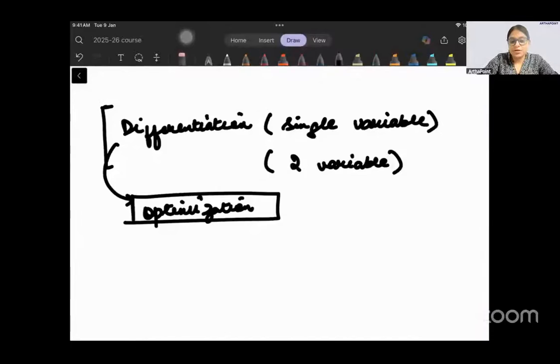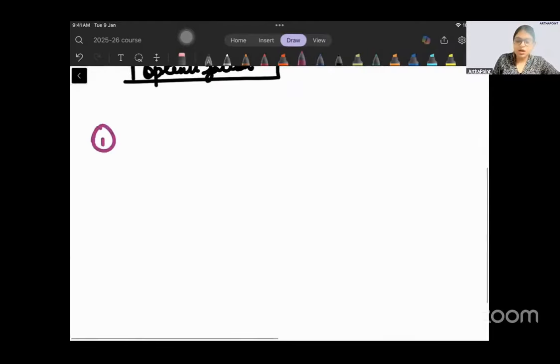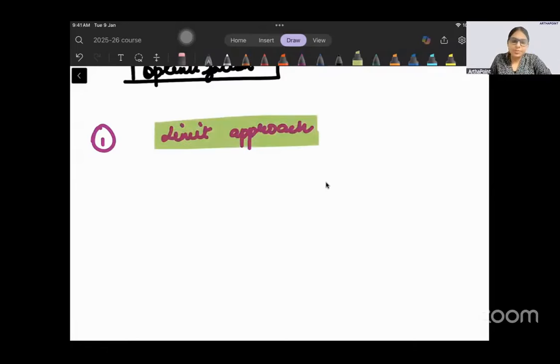Okay, fine. So let's begin by talking about differentiation first. The first thing which can be asked in differentiation is going to be the formal definition based on the limit approach. Based on the limit approach, the definition of differentiation: f dash a is limit.